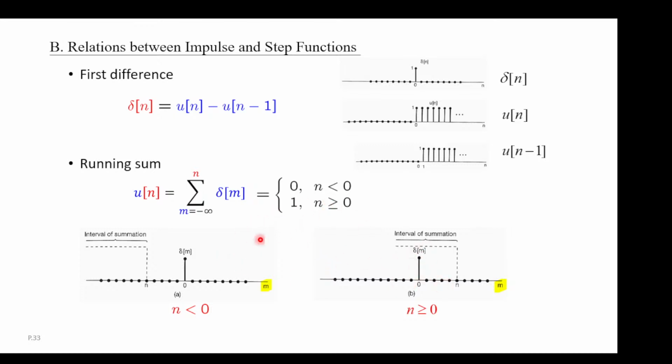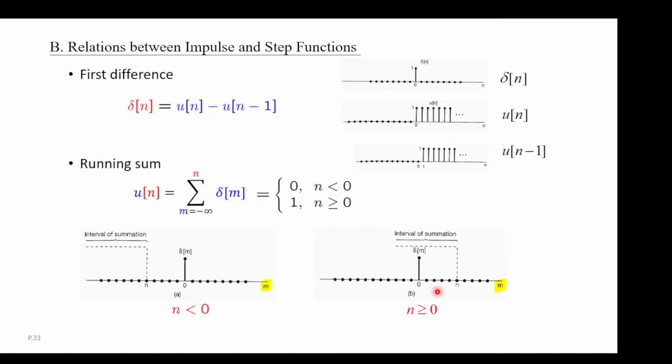And so this function, which is u of n, is 0 when n is less than 0 and 1 when n is greater or equal to 0. This is exactly the unit step function. So we see that the unit step function is the summation of delta of m from minus infinity to n. This picture is one way to see the summation.